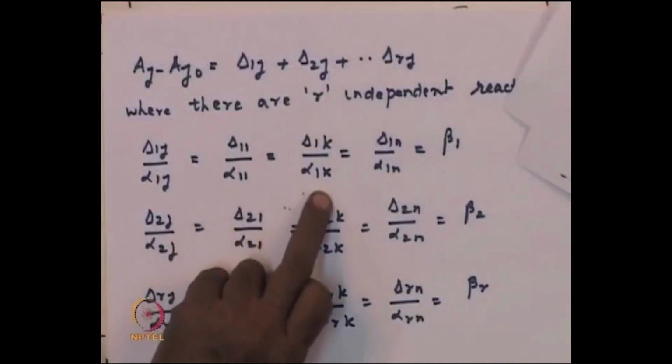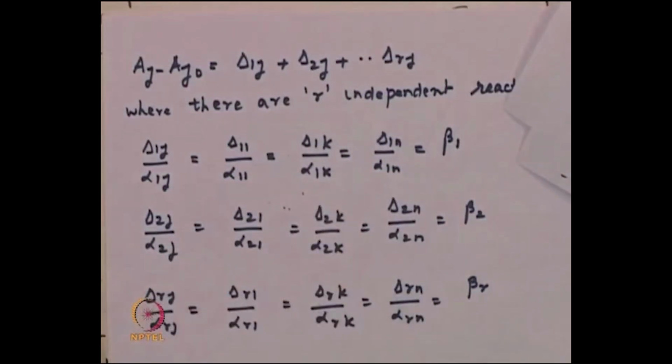So, this ratio is something unique to the reaction, which is reaction 1. Therefore, it must be equal for every component that participates in that reaction. That is why I have written delta 1 k divided by alpha 1 k. Every component that participates in the reaction, this ratio is fixed. So, the number of betas will be p numbers.